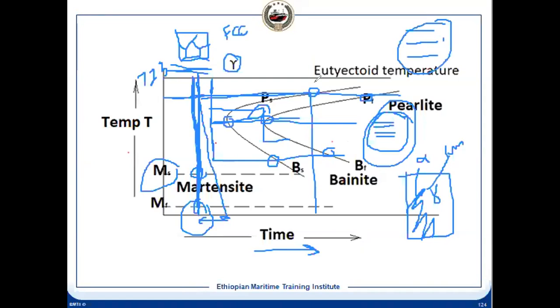We'll see that it is the same. The eutectic temperature will also be there for cast iron, and both eutectic and eutectoid will be there. Here in this case, what we have seen is gamma, on this side. Whether it is cast iron or steel, this temperature is around 723 degrees centigrade.